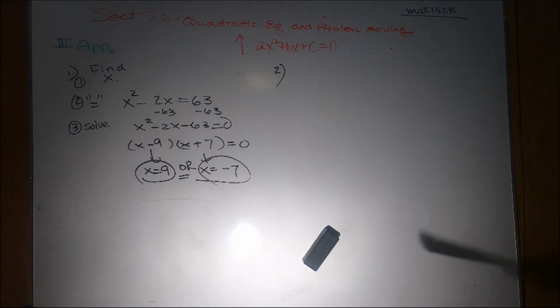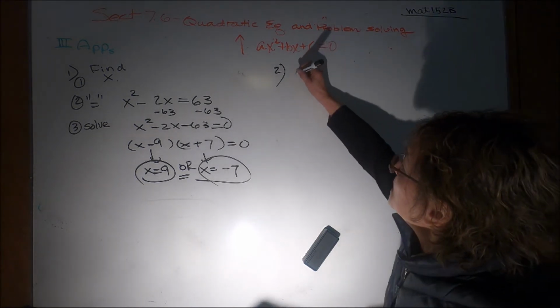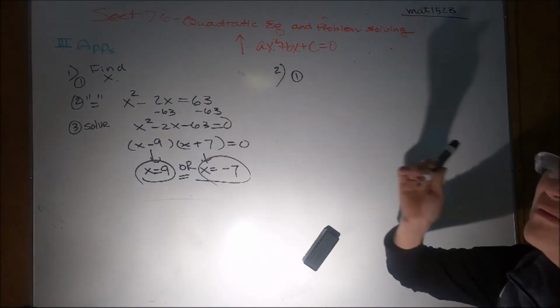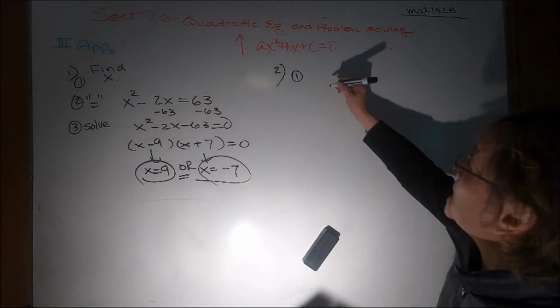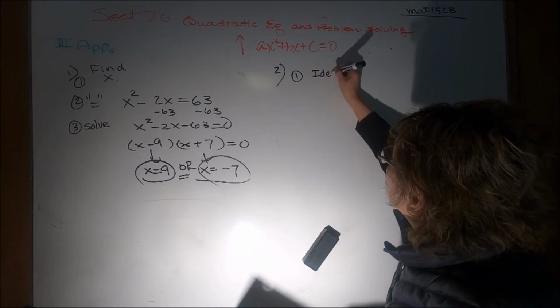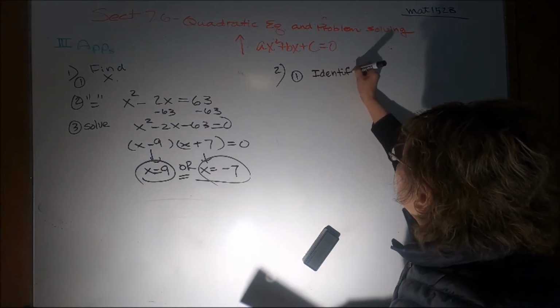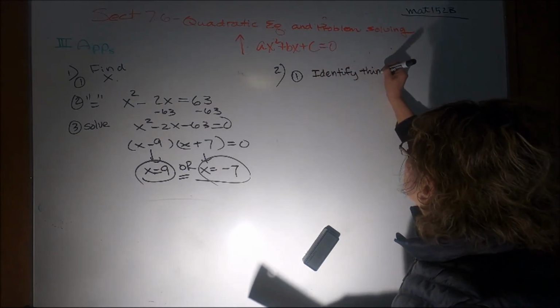Find the length and the width of the rectangle. So, for your class, we can only solve one variable, right? So, we need to do what? First, identify things needed, right?